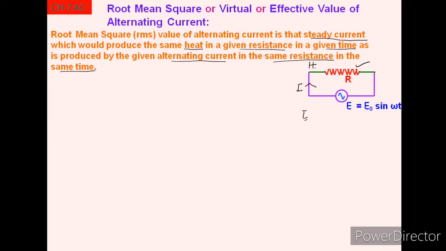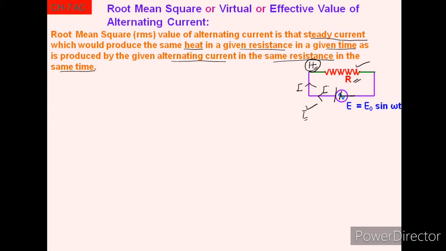Let the amount of heat evolved be H. Now if we replace this alternating current source by a direct current source, whatever amount of current passes through the same resistor for the same time, so that the amount of heat evolved is the same as in the earlier case.